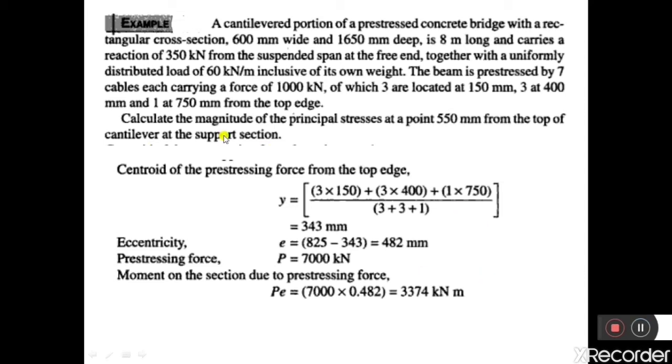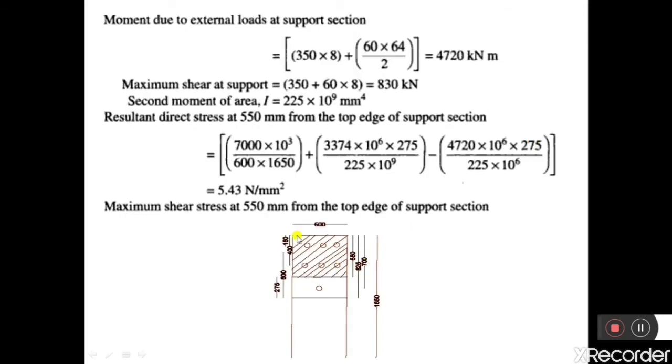In our previous examples, we were calculating the principal stresses at the support with respect to the centroidal axis of the support. But here in this problem, they have asked us to calculate the principal stresses at a distance of 550 mm from the top edge of the beam. See, consider a rectangular beam of depth 1650 millimeter, and the width of the beam is 600 millimeter.